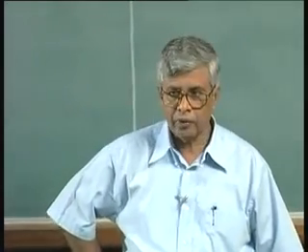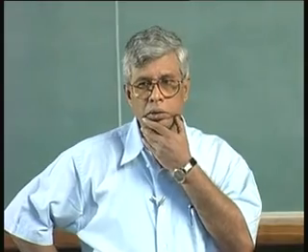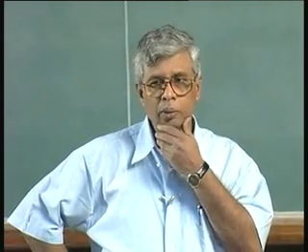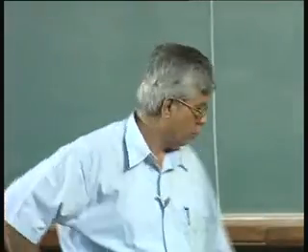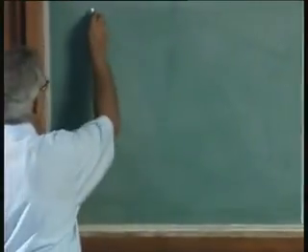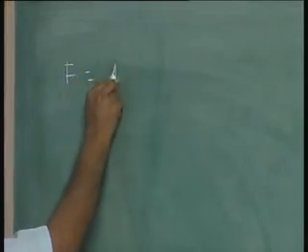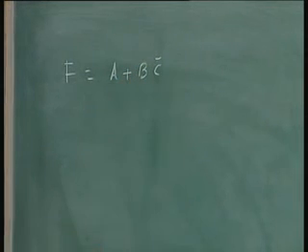In the last lecture we talked about logic functions and truth tables and how they can be implemented using gates. We took a simple example of a function f, which, if I remember, was a or (b and not c).